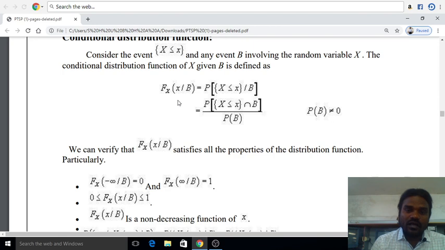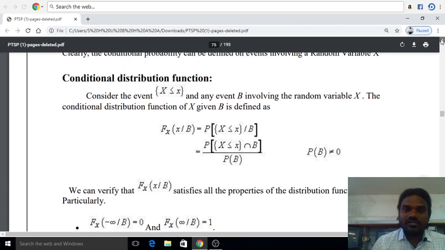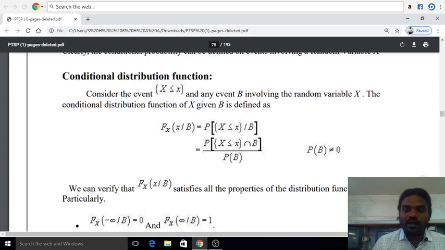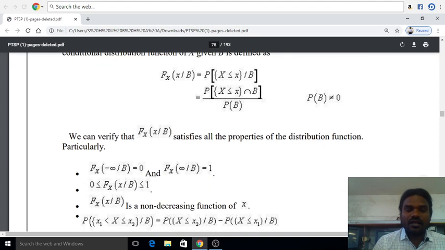That means we define the conditional distribution given b, coming from conditional probability, and here probability of b should not be equal to 0. All the rules we have studied in conditional probability are applicable here.